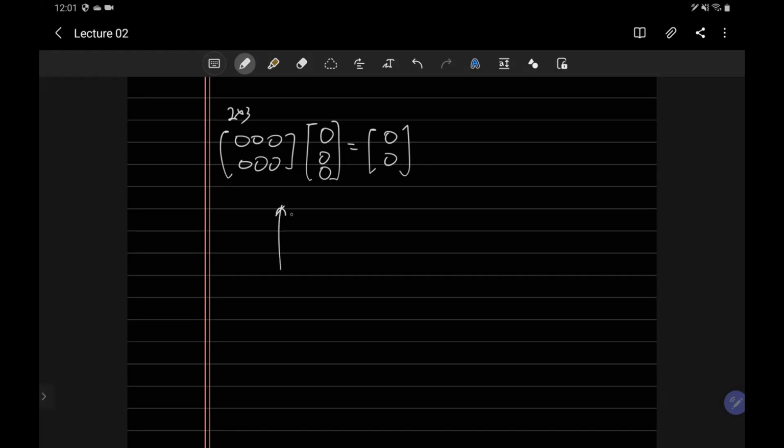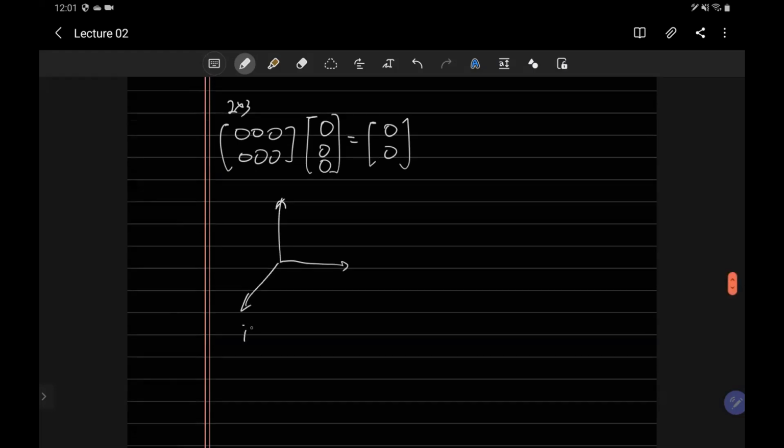For example, let's say that our starting point, or the input, I will call this an input vector space. Any arbitrary vector inside this three-dimensional space will be mapped by this matrix and transformed into a two-dimensional vector space.